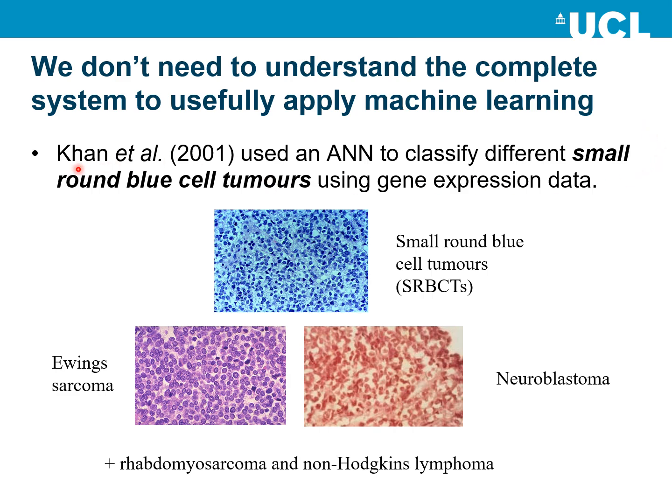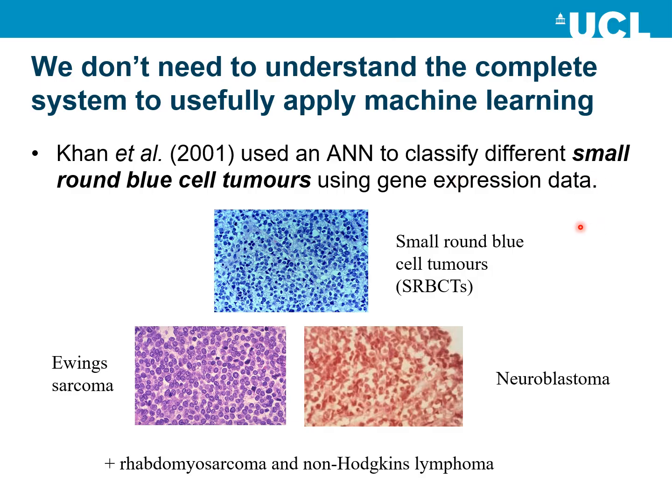I've used this paper, Khan et al. 2001, as an example of this. It's an early paper, but the earlier papers were simpler systems and easier to understand. The later papers are hugely complicated systems. So what did this look at?